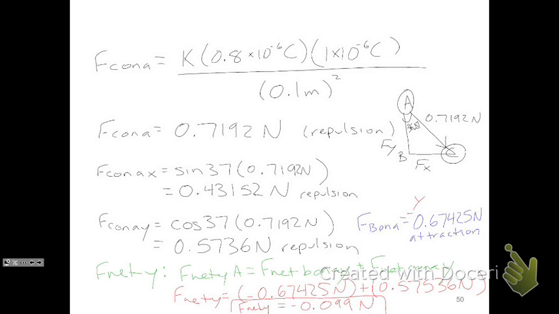So let me tell you the answer, and then we can go over it tomorrow. We're really close. So F net on A is 0.44 newtons. Okay, that is the solution.